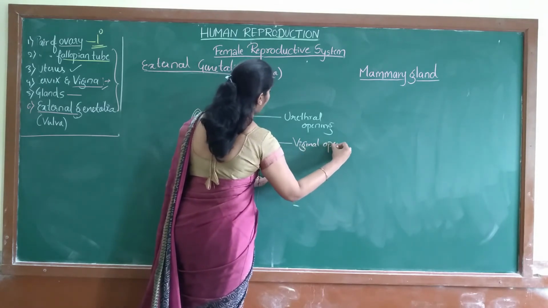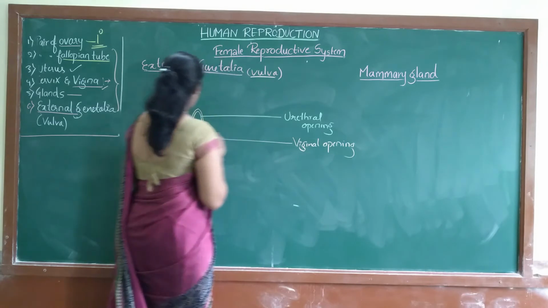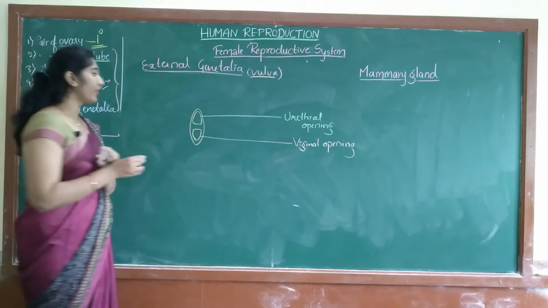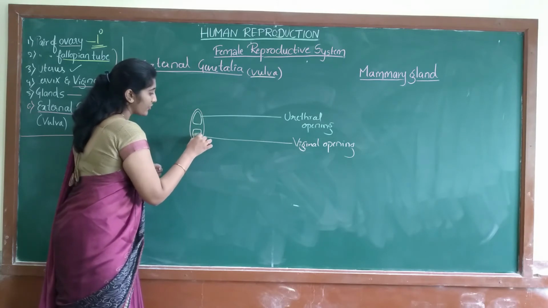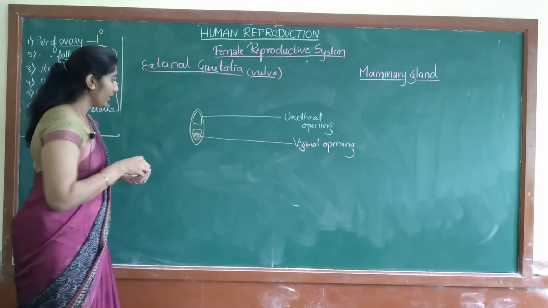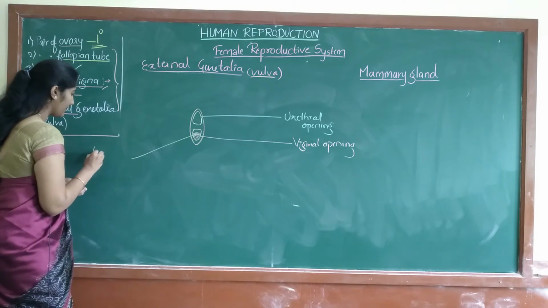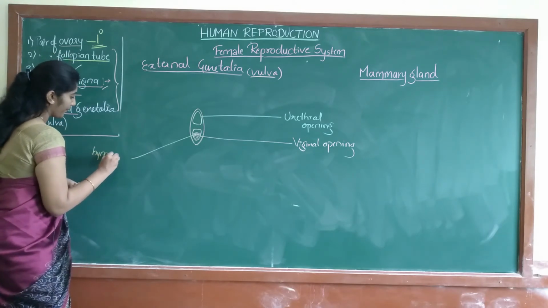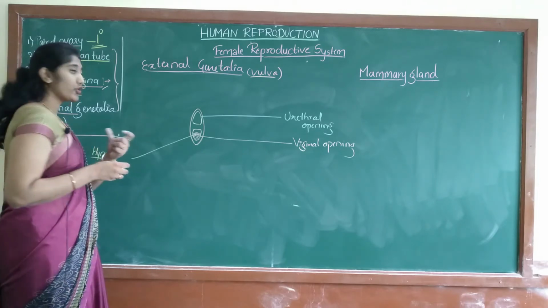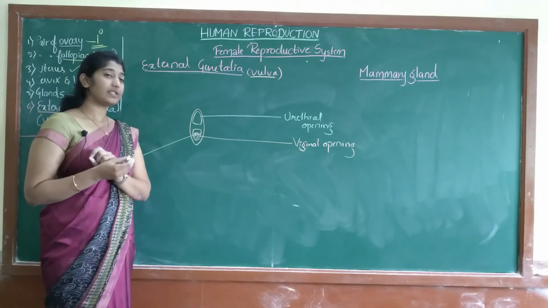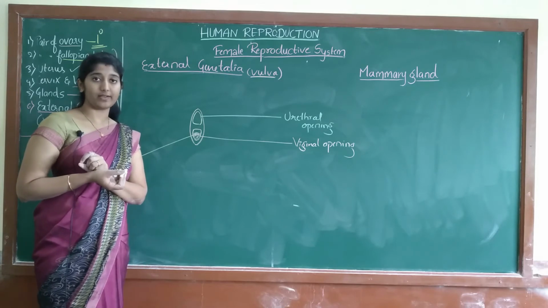This vaginal opening is partially covered with a thin membrane, and this membrane is called the hymen, which is torn in the first intercourse or first coitus.